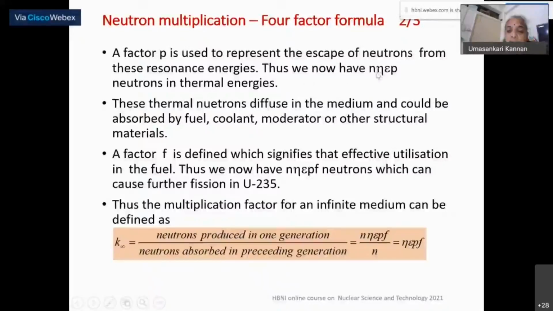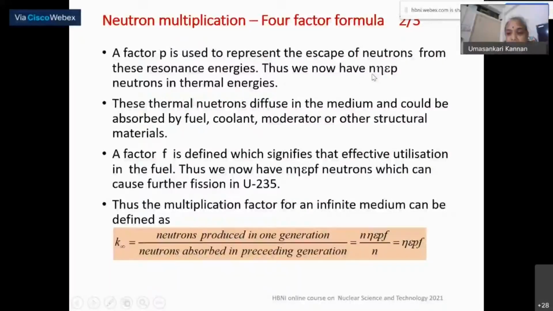Thus we now have n eta epsilon P neutrons which have escaped the resonances and are available in thermal energy regions. So now this many thermal neutrons are available.